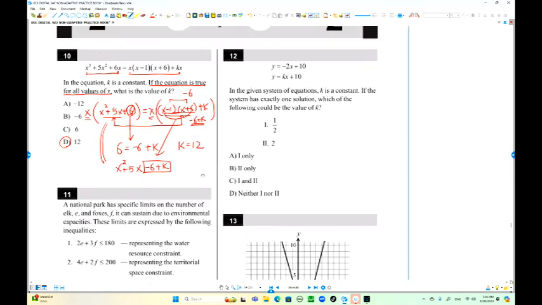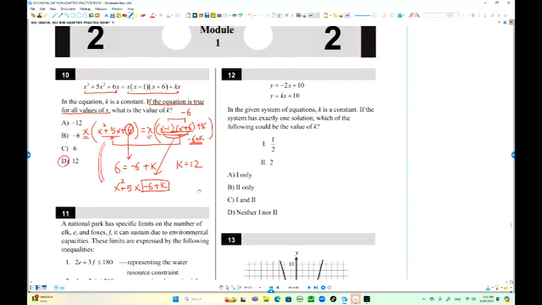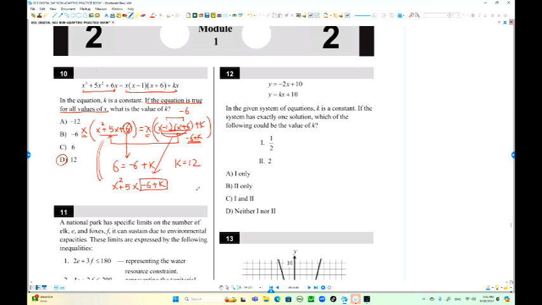All right, here is number 12. This is a system of equations. In the given equations, k is a constant, x is a variable, right? So this system has exactly one solution. Both are lines. One solution means the slopes are different.